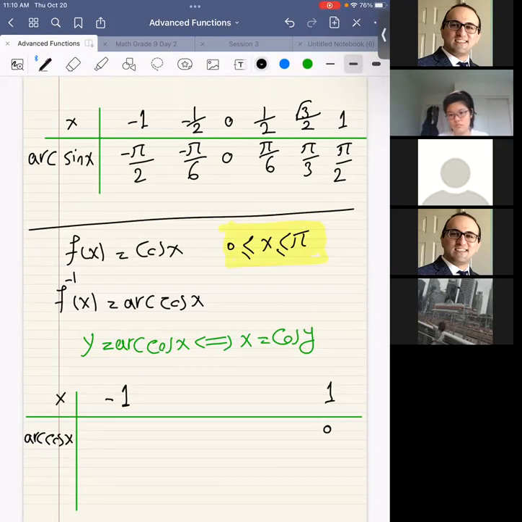Okay, so how about 1/2? What is the angle whose cosine is 1/2? The angle has to be between 0 and pi. Pi over 3, perfect. And how about 0? Pi over 2. How about, I don't know, -1/2?